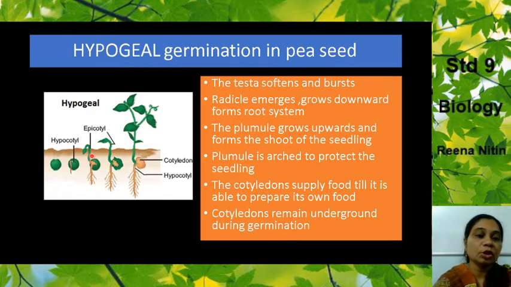So in hypogeal germination, the epicotyle elongates first, the cotyledons remain down and supply food, and the plumule is arched. Why is it arched? To protect the young seedling, so that it is not trampled or destroyed by wind or rain. That is the example of the pea seed.